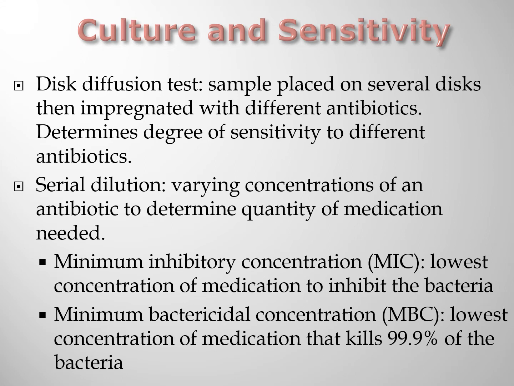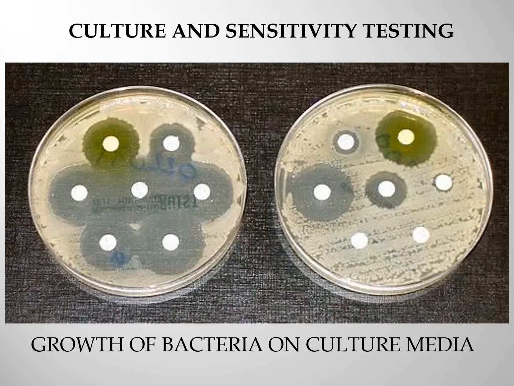So, and then you get a readout a few days later of the culture report. Sometimes it just says no growth, or sometimes it'll tell you the exact bacteria and exactly which antibiotics the bacteria are sensitive and resistant to. Okay, and this is exactly what the discs look like for culture and sensitivity testing.